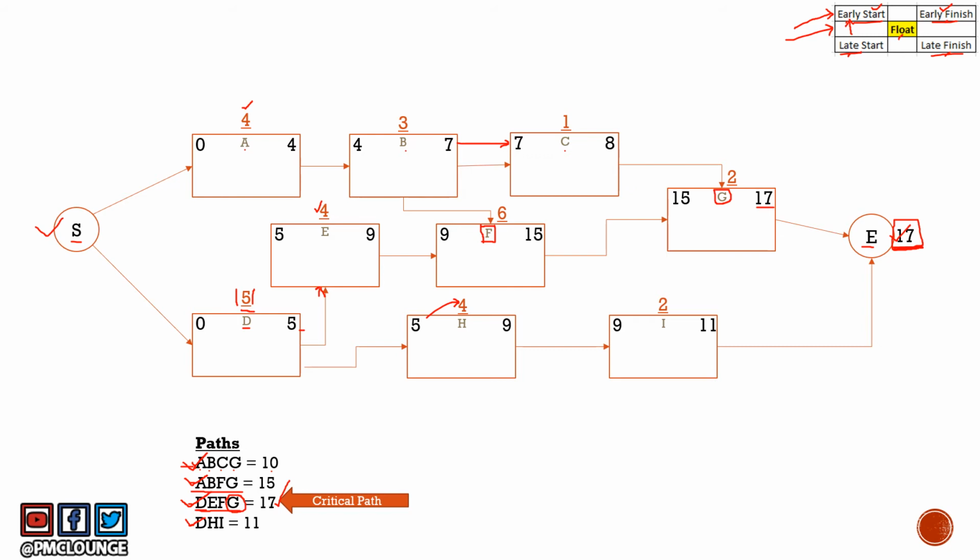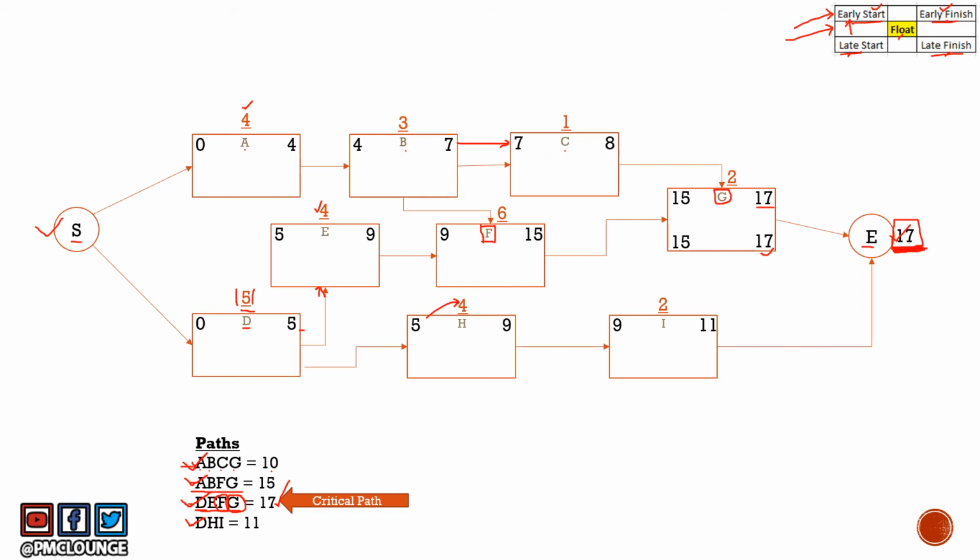The latest finish for activity G should be 17 because that is when the project is ending, right? So late finish will enter as 17, and then the duration is 2, so we'll subtract 2 from 17 and we'll get 15, right?